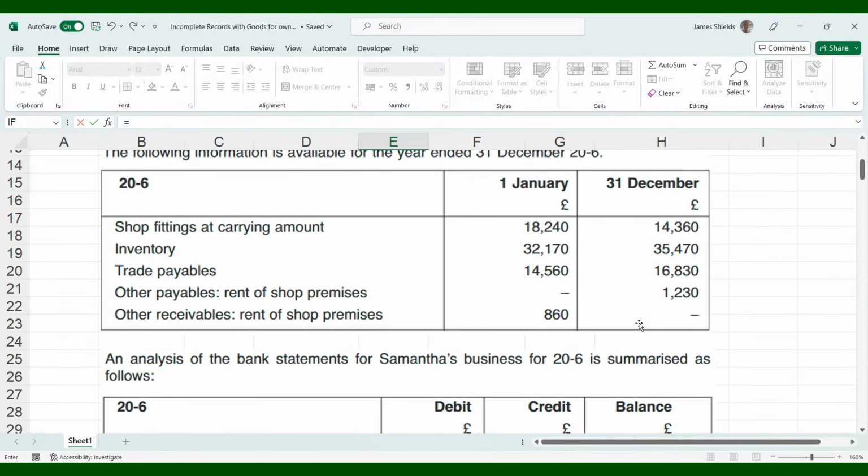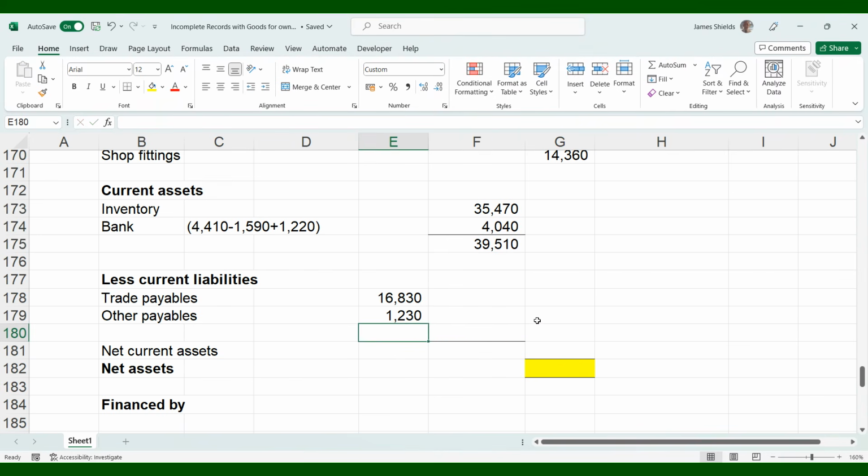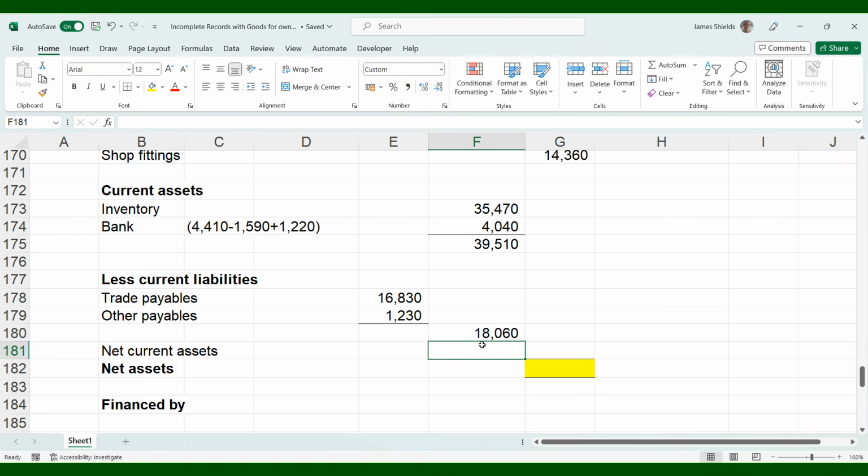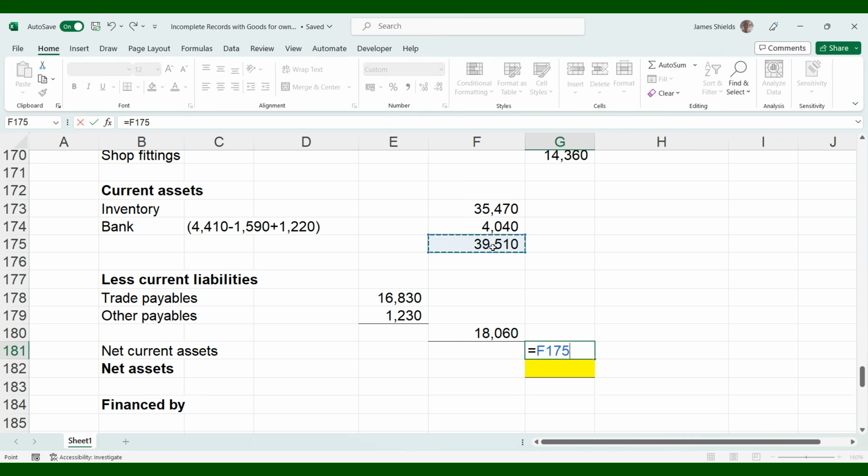And here we have it, other payables, £1,230. Now I've totaled my current liabilities, and we end up with £18,060.